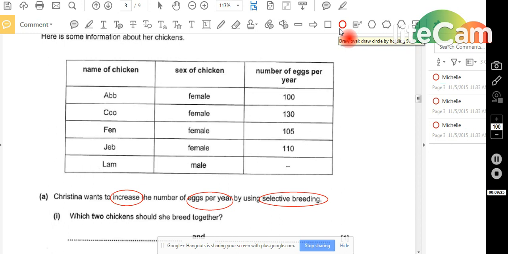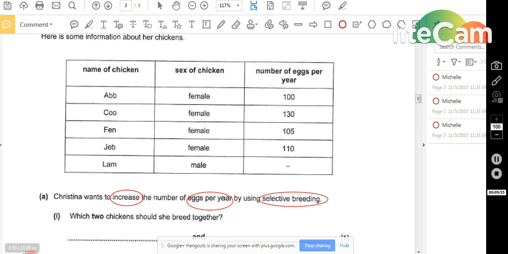So then I'm only going to breed with the speckled chickens. Okay, so selective breeding is about a human controlling the feature that you want the animals to carry forward. Okay, so here it says they want to increase the eggs. That's the feature that they want. Now the humans are taking control of that, so we can make the choices.